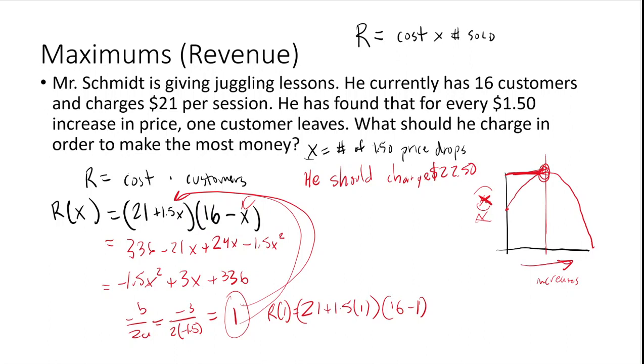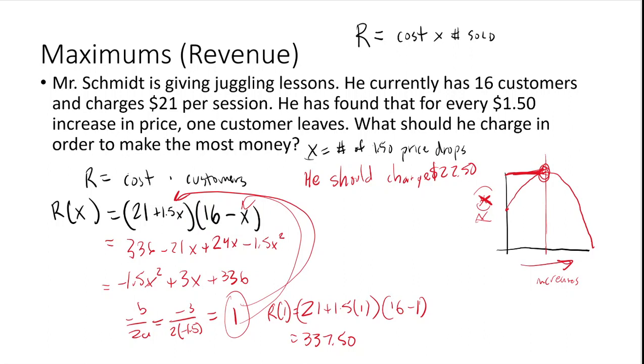His maximum revenue that he'll be making after that would be $337.50, which is pretty good money there. Good job, Mr. Schmidt. And for comparison, 21 times 16 is $336, right? So he wouldn't be making a ton more than he's already making. He's doing pretty well for himself. But if he increases price by just $1.50, he could be maximizing his revenue.